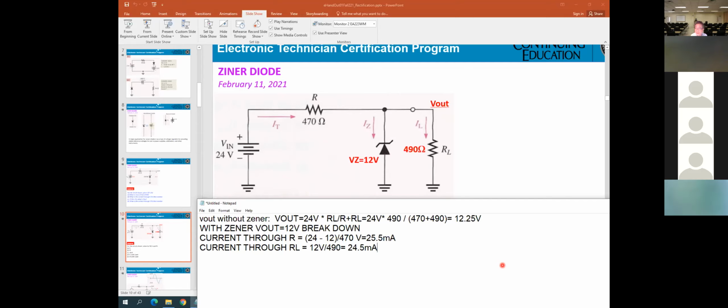So if you want to calculate the Zener current, IZ equals IR minus IL.